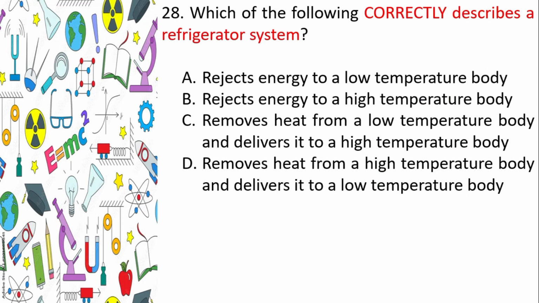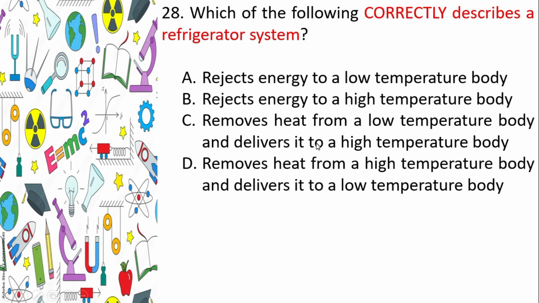28. Which of the following correctly describes a refrigerator system? So in a refrigerator system, the heat is made cold. Okay? So, which one is it? Rejects energy to a low temperature body. Rejects energy to a high temperature body. Or removes heat from a low temperature body and delivers it to a high temperature body.